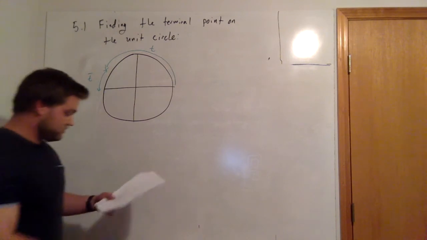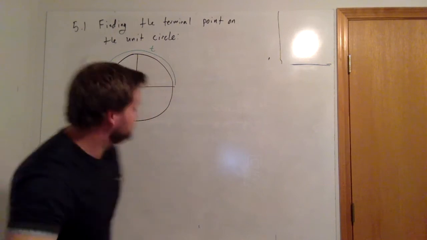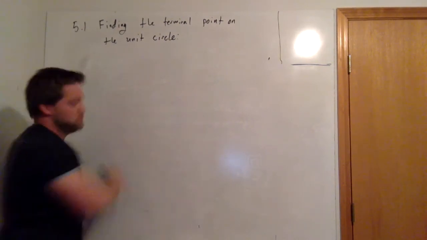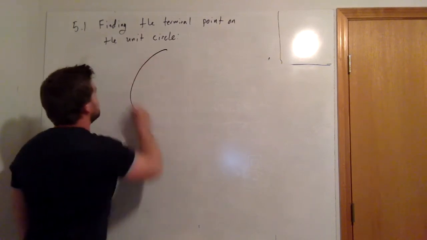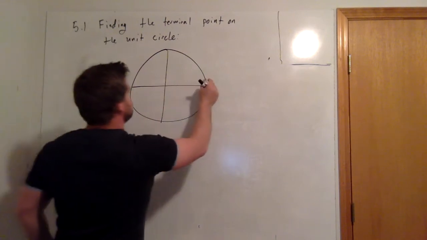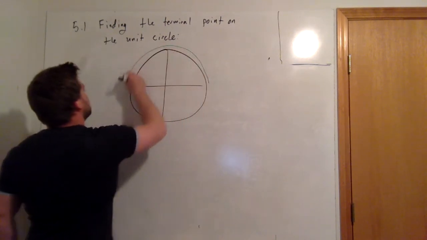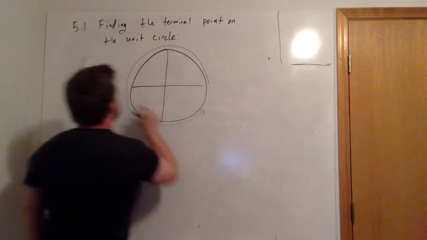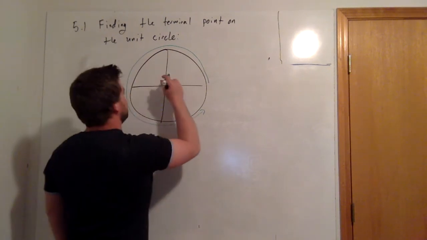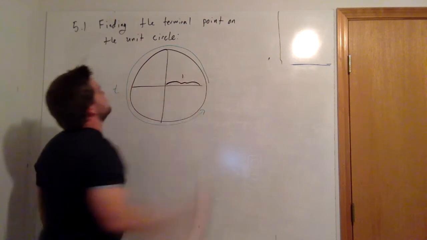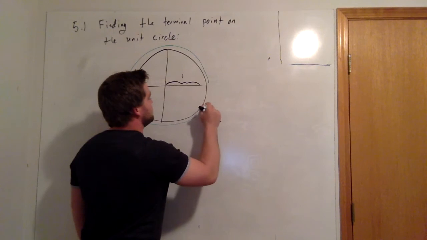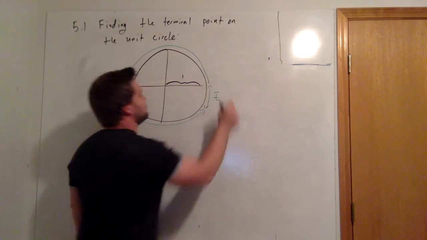Okay, let's draw another picture. Let's say this is the distance t that we've traveled along the unit circle. Again, the radius here is 1 since it's the unit circle. The t bar would be the shortest distance to the x-axis, so that would be this distance right here.